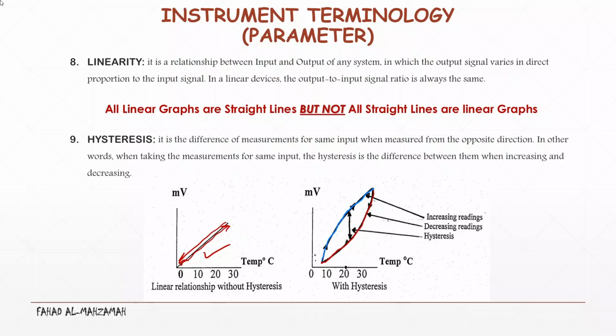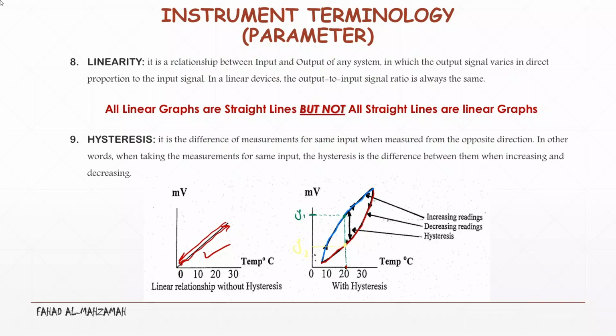But if you have some hysteresis in the device, it means that for the same input, let's say 20, when you are going up, let me have this line, you get the value here as y1, for example. But when you are going down, you get the value here, which is y2.